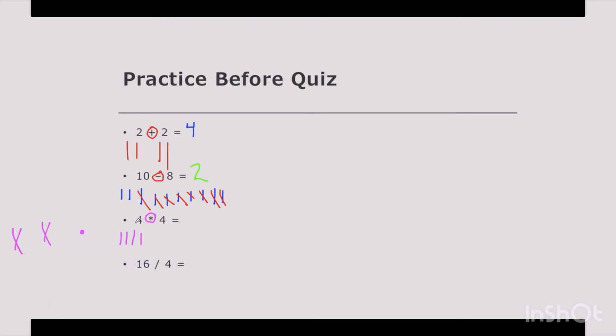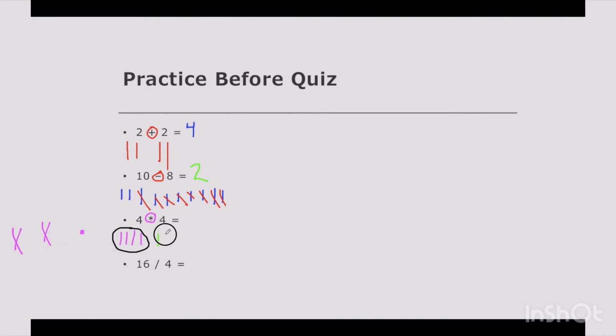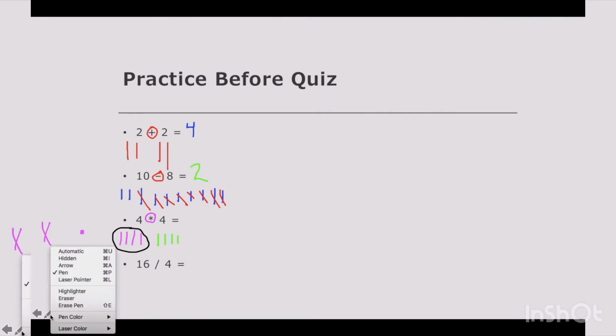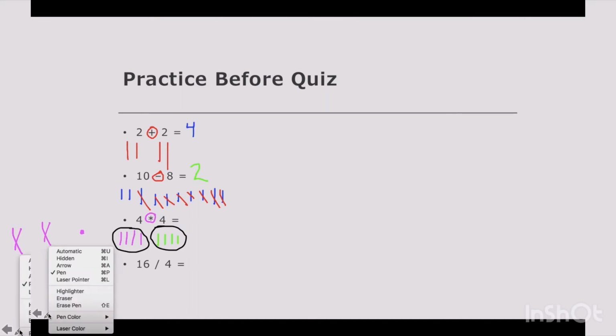So, 4 times 4. One group is 4 sticks. That's one group, so let's try doing that 4 times. Let me use the green pen: 1, 2, 3, 4. That's the second group of 4 sticks.